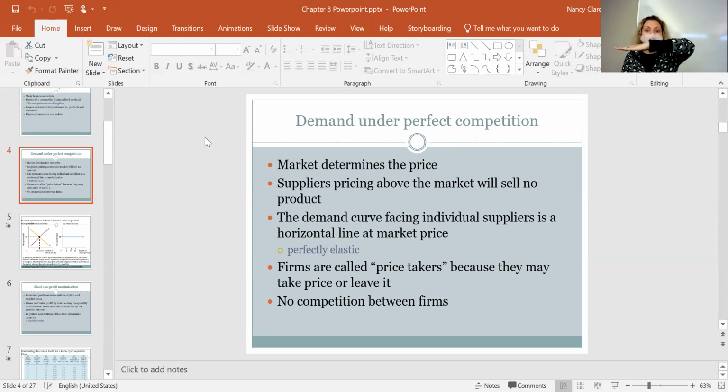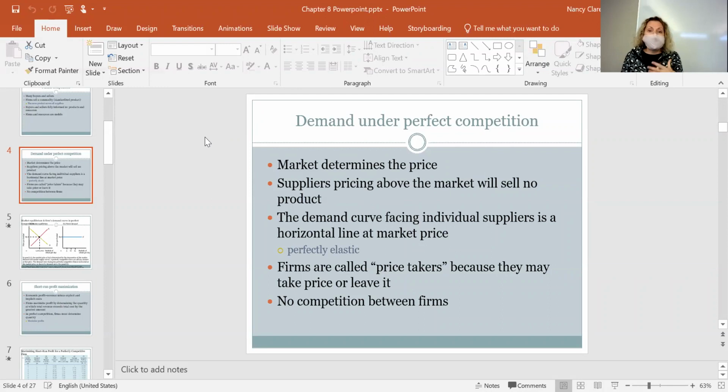This is the perfectly elastic one. This is where it comes back around, okay? As a firm, I have to basically adopt a perfectly elastic horizontal demand curve at whatever that market equilibrium price is determined to be.